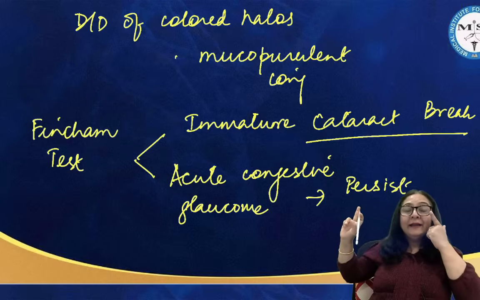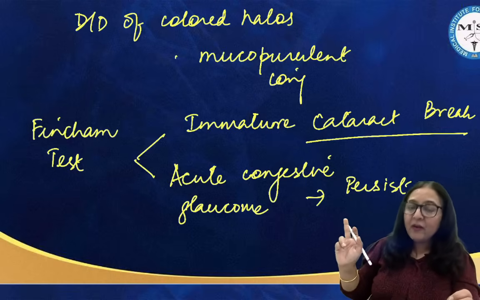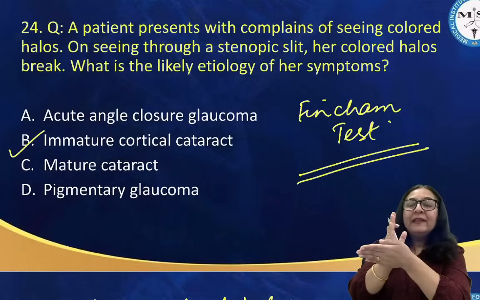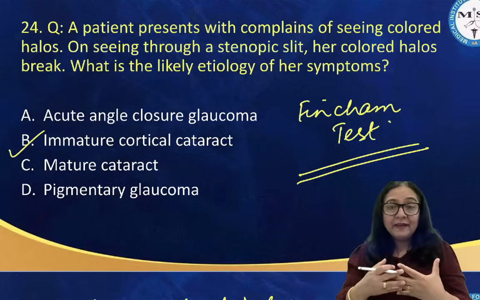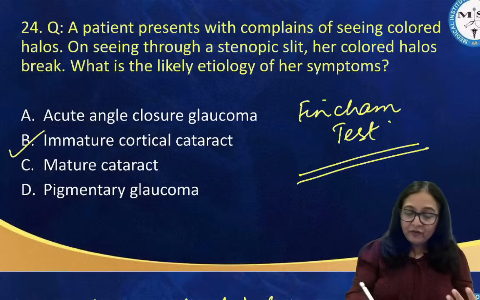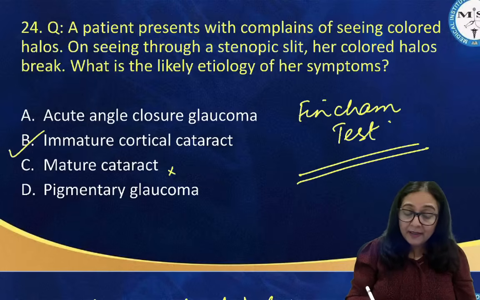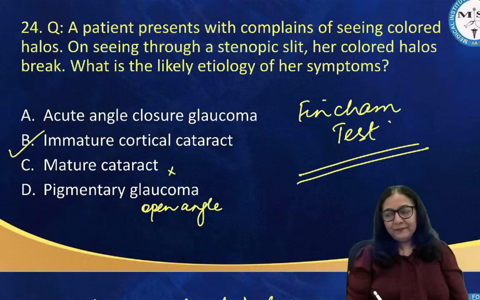And the halos will be seen in immature cataract, not in mature cataract, because halos appear when part of the lens fibers are opaque or hydrated and the other lens fibers are still clear. So mature cataract will not cause colored halos. Similarly, pigmentary glaucoma is an open angle type of glaucoma, so that also will not cause the colored halos.